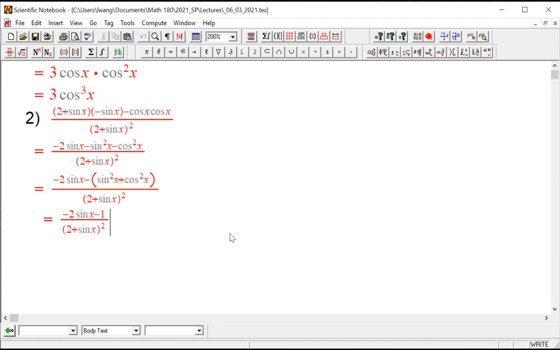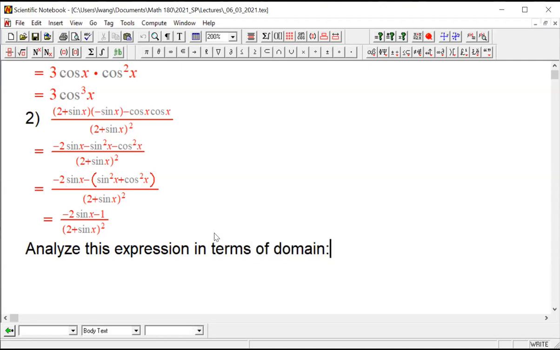So 2 plus sine x is always going to be at least what? Right? So if you analyze this expression in terms of domains, it's all real numbers.